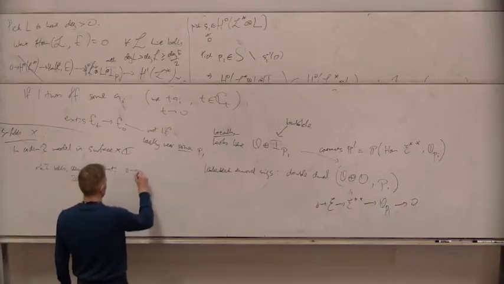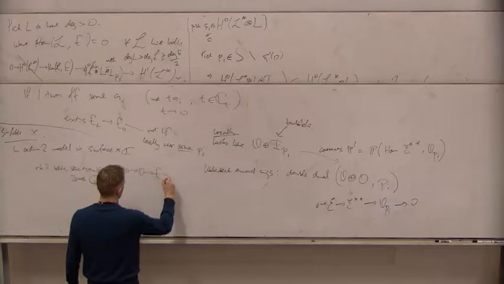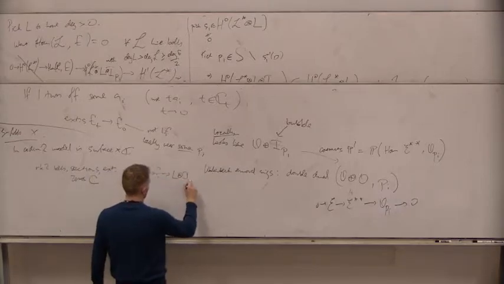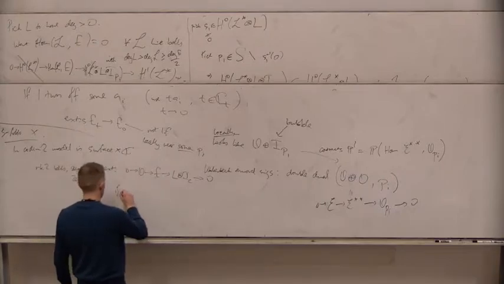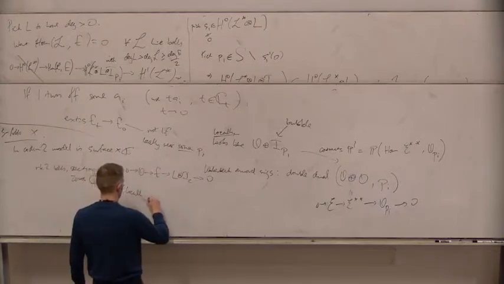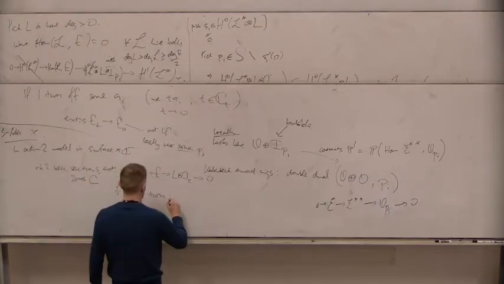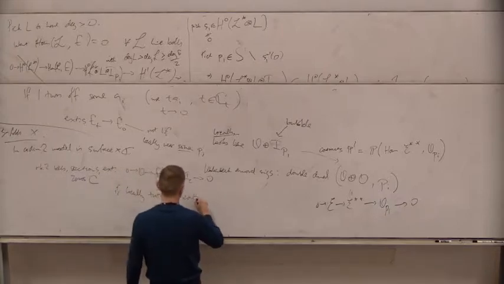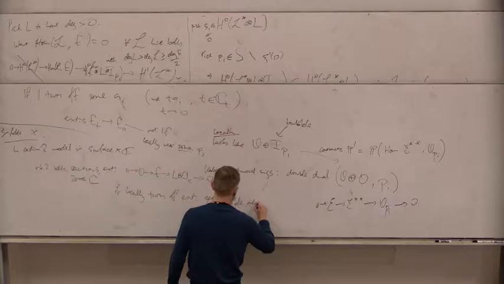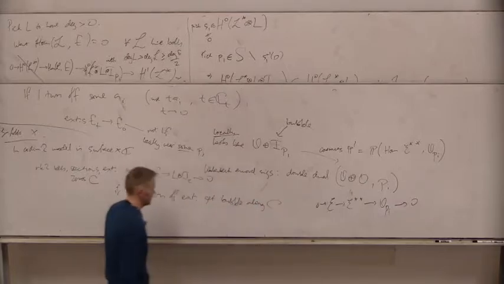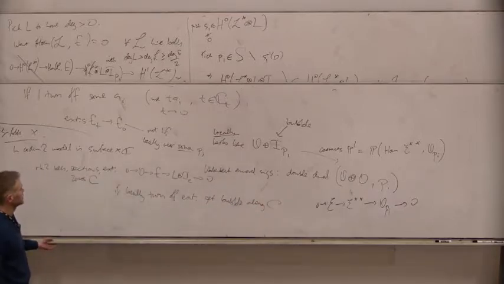We get some kind of extension. Okay, and if locally we turn off the extension, we get a bubble along C. Okay, so for differential geometers, that's very familiar.